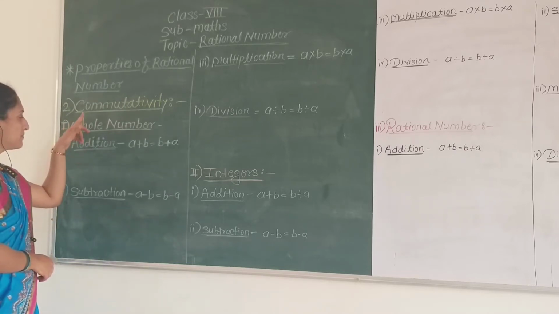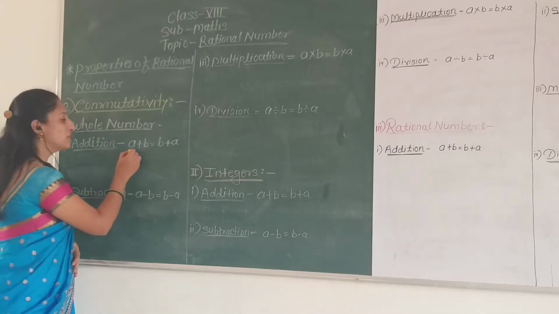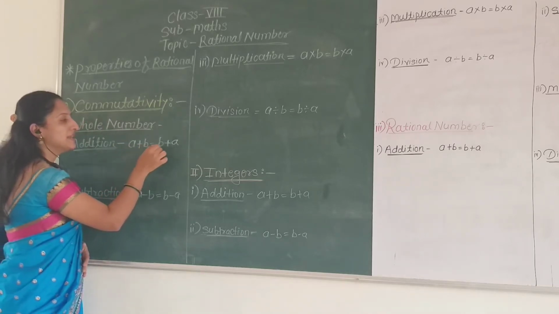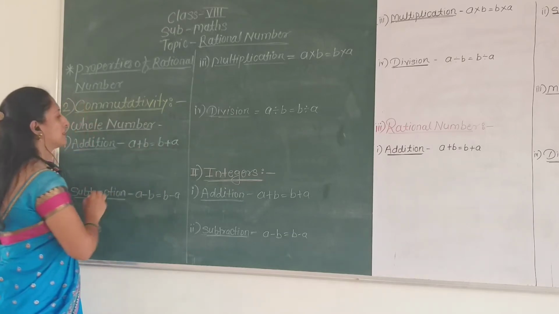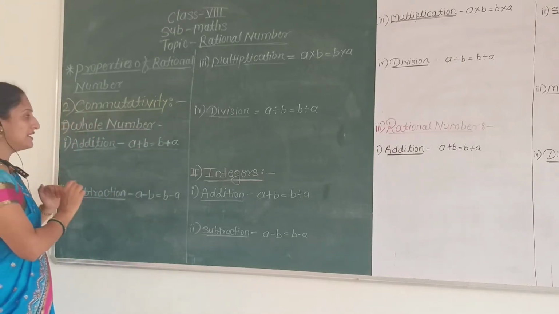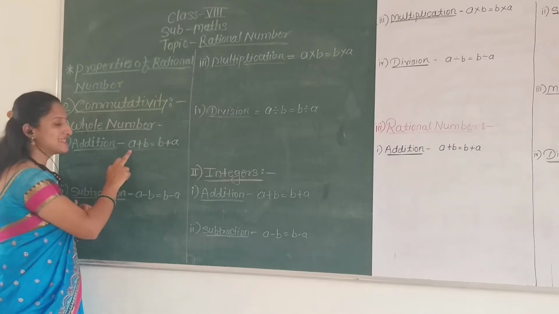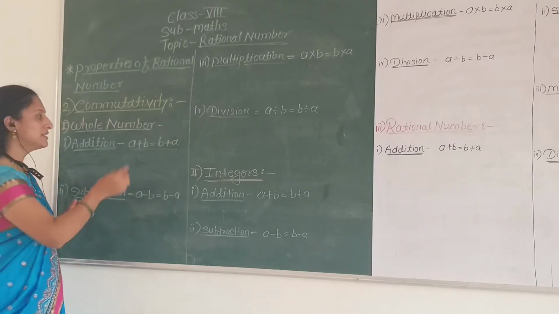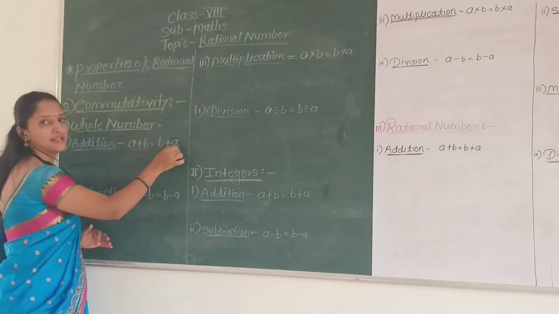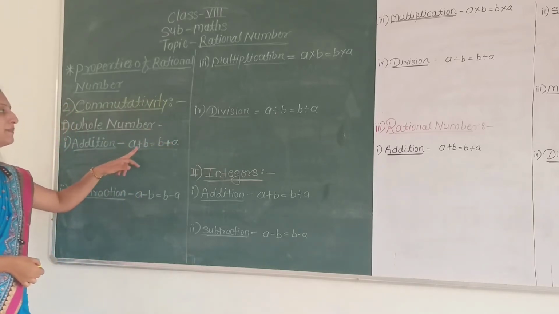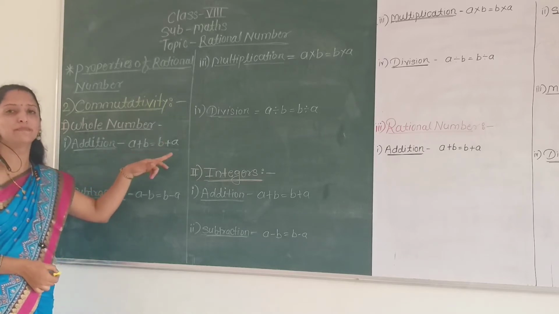For this property, we have to show that a plus b is equal to b plus a. This means, if I take two whole numbers a and b, then the addition a plus b is equal to b plus a.